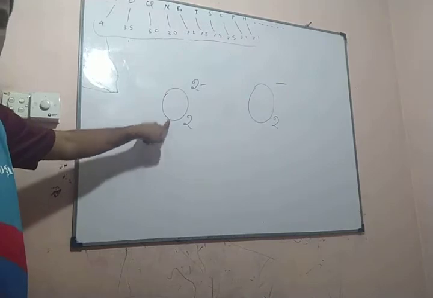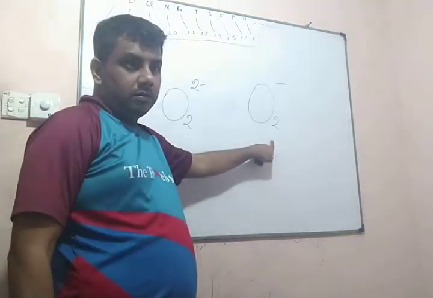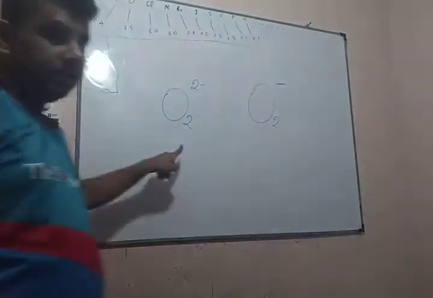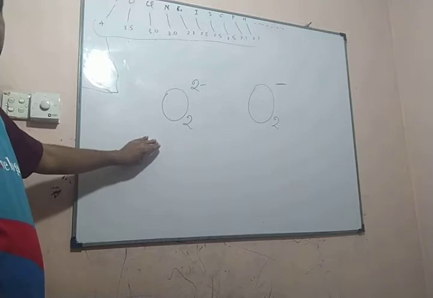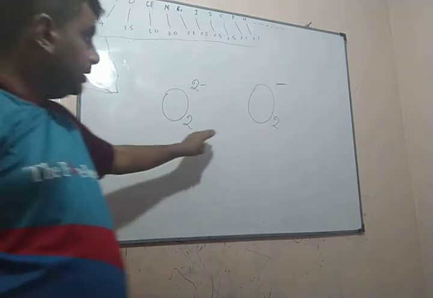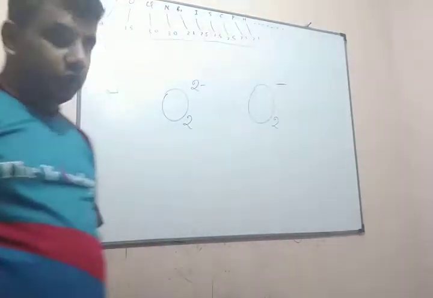In peroxide, the oxidation state of oxygen is minus 1. Here, minus 1 and 0, right? Again, here, the oxidation state of both oxygens is minus 1. Here, one oxygen is minus 1 and the other one is 0. That's all.